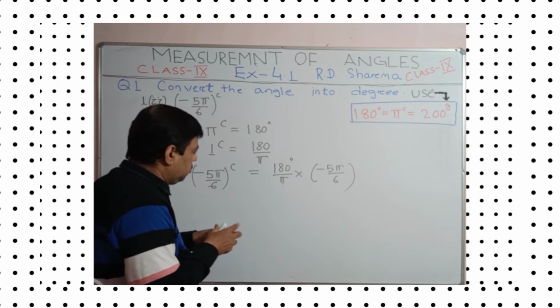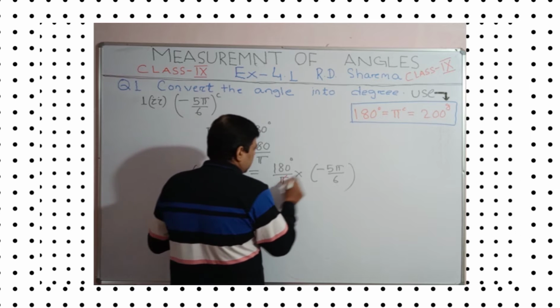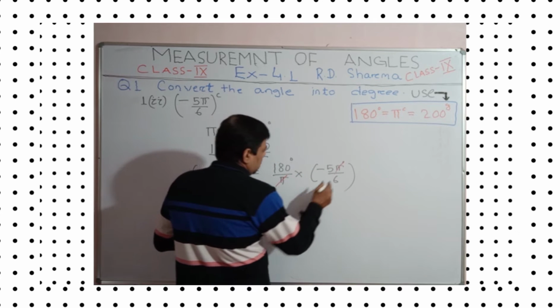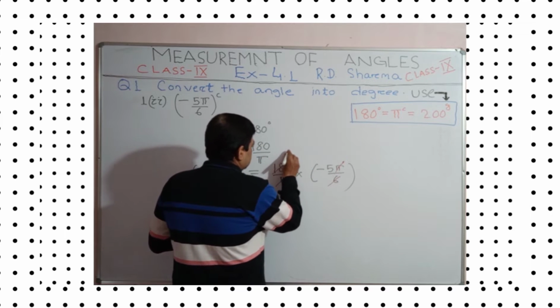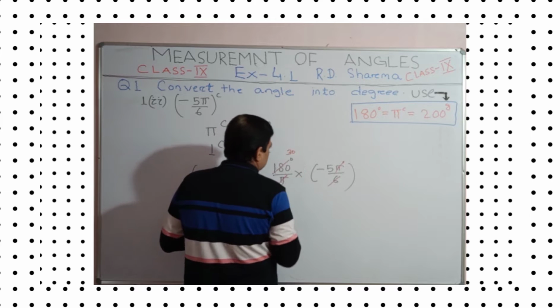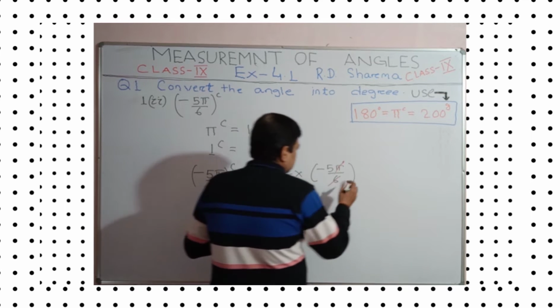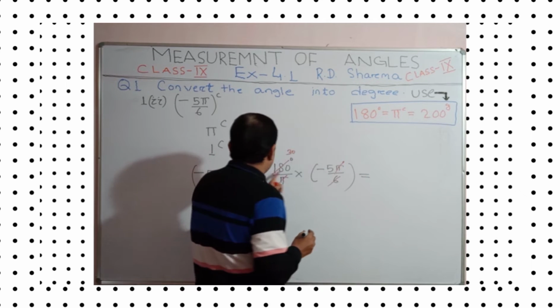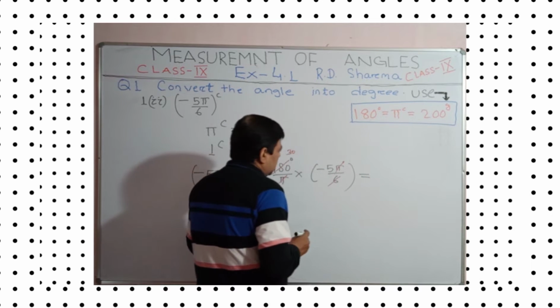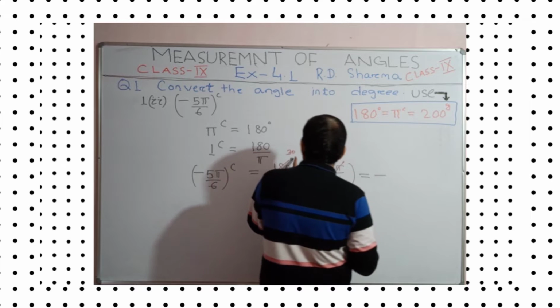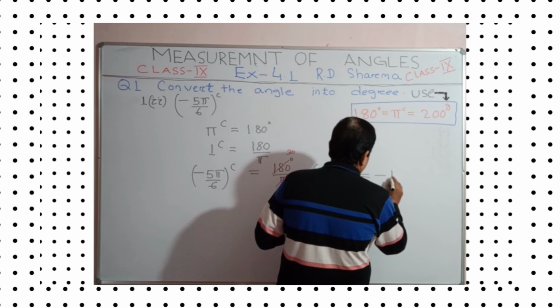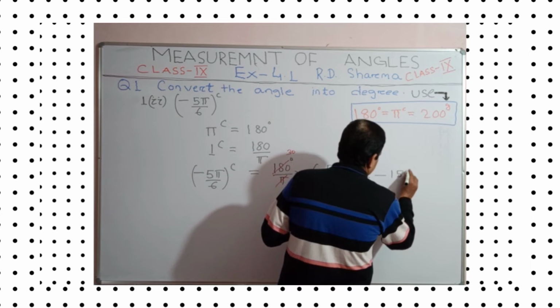So now we can cancel pi. We can cancel 6: 6 3s are 18, 6 5s are 30, so it will be 30. Understand? Here the plus sign, here the minus sign, so multiply the signs, plus and minus gives minus. Here 30 into 5 is 150 degree.